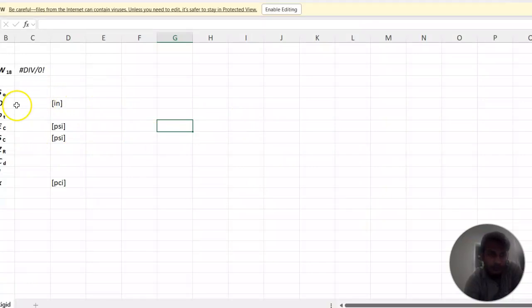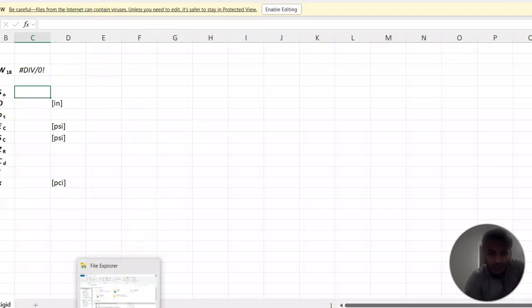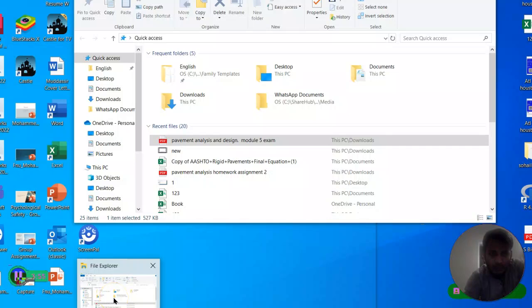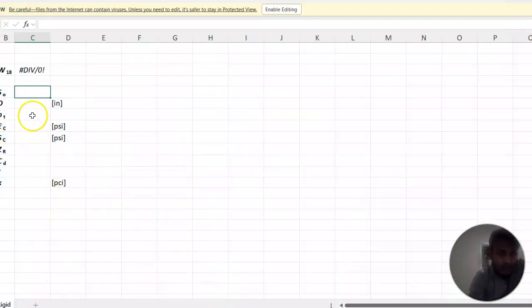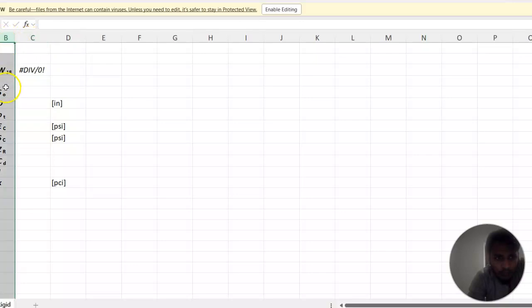Let's go. We have standard deviation, as we all know, 0.35. Then we go for Sc.